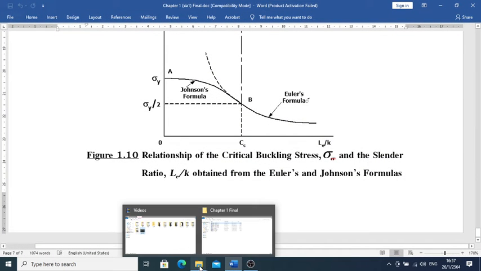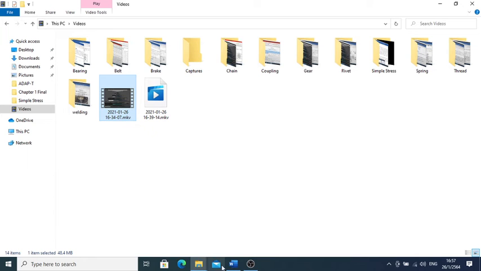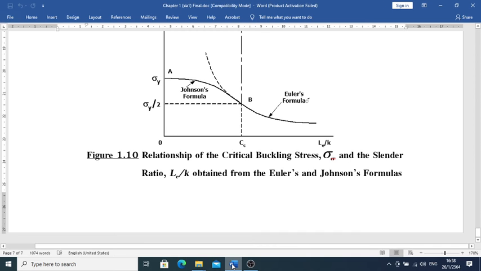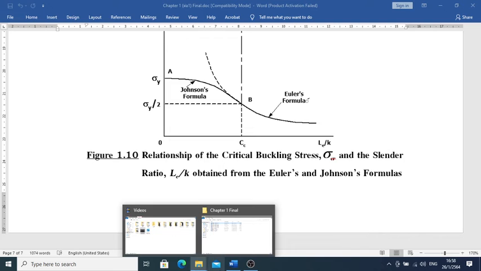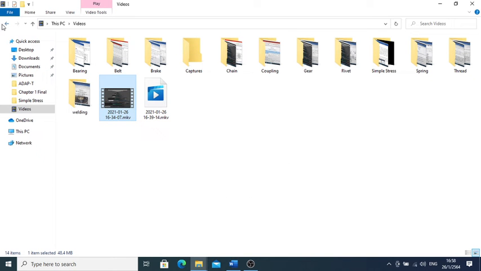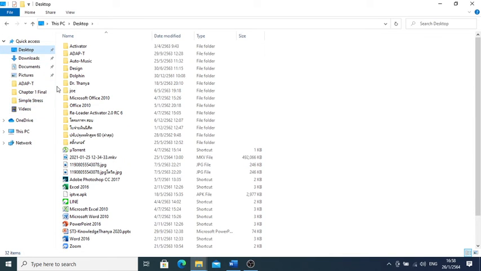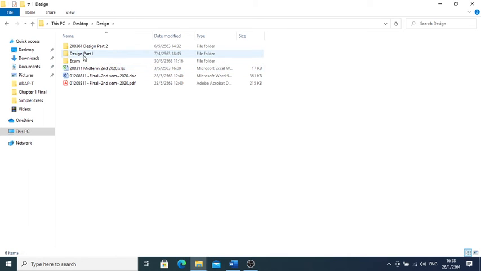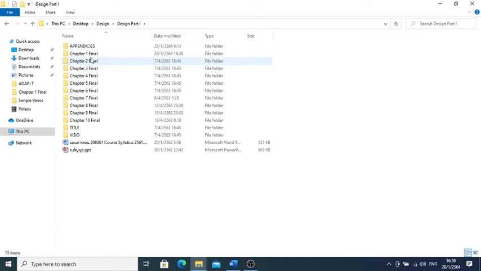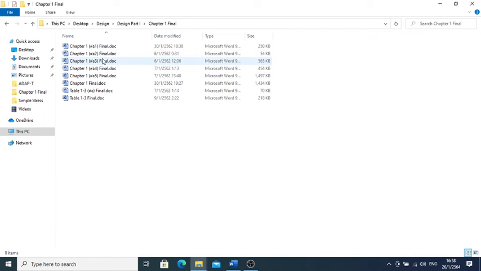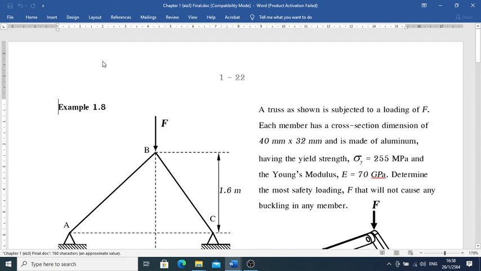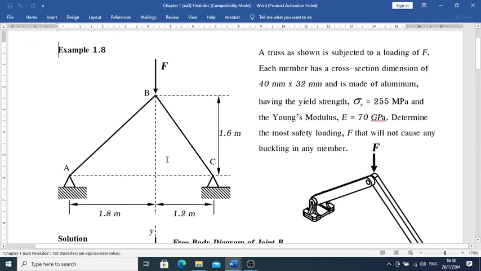Let's go to what we left over. There is one example there, example 1.8.